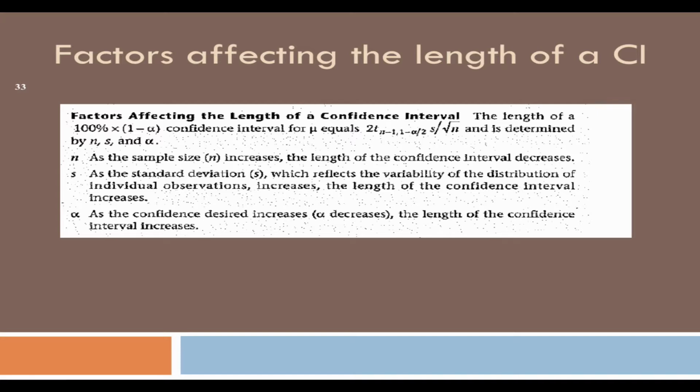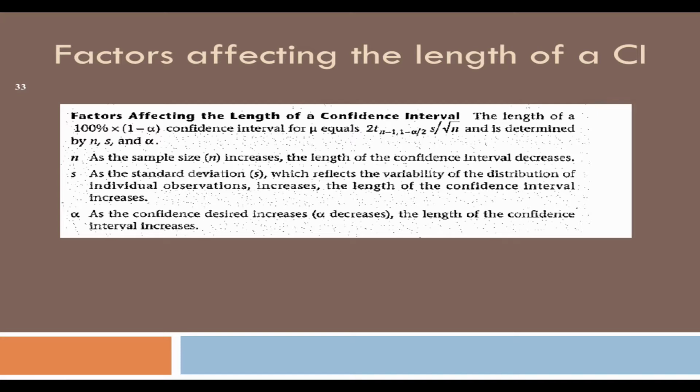The next thing is alpha. If you're interested in a bigger alpha, you are only interested in a shorter coverage, so this interval will be smaller, and the length will be smaller, right?